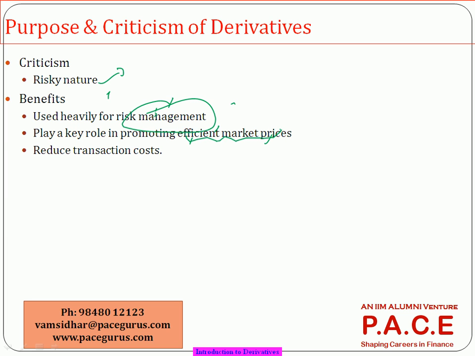make the market prices very effective. The reason being, let's say today something is available at 1000 rupees, but in the futures market it is available at 1100 rupees.